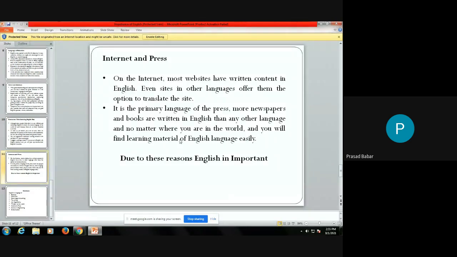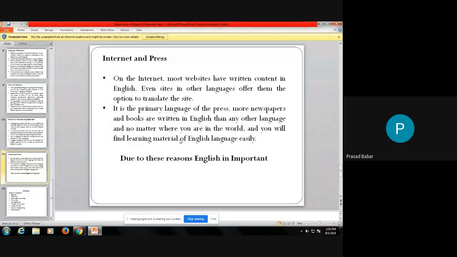On the internet most websites have their content in English, and even sites in other languages offer an option to translate the site.